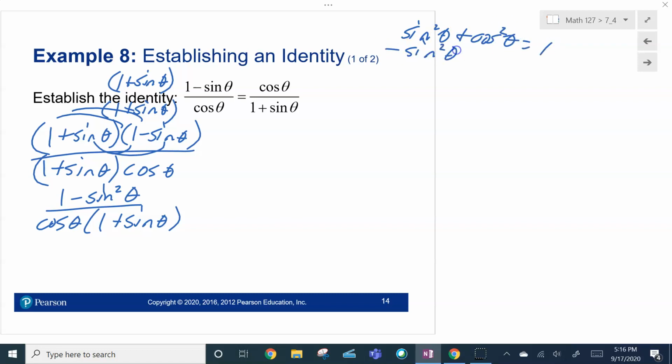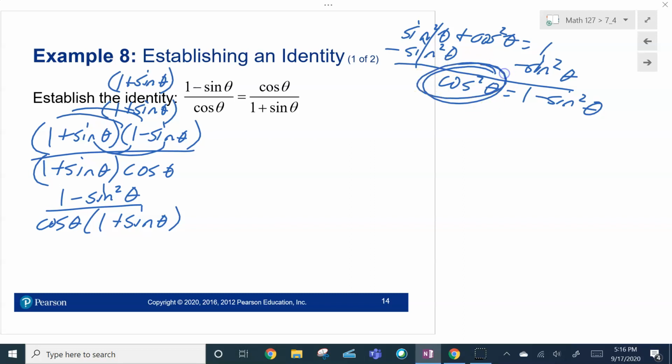What is 1 minus sine squared? Cosine squared is the exact same thing as 1 minus sine squared theta according to our money formula, our Pythagorean identity. So 1 minus sine squared is what? Cosine squared.